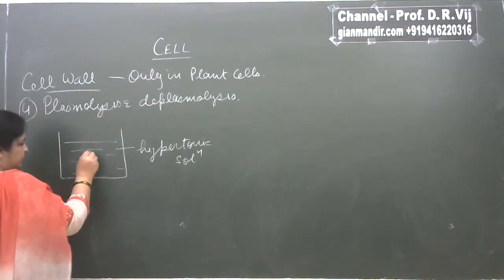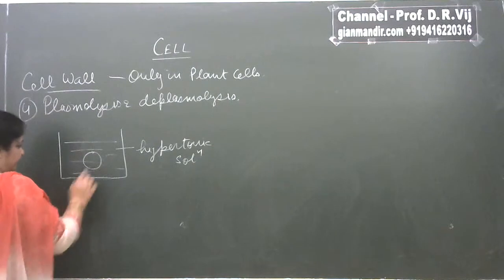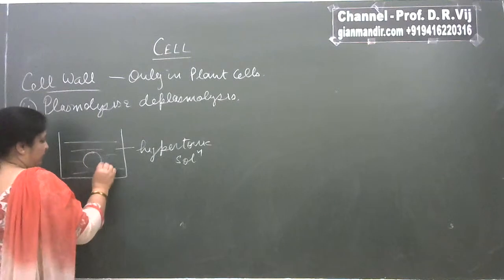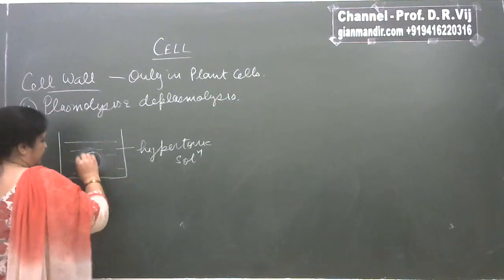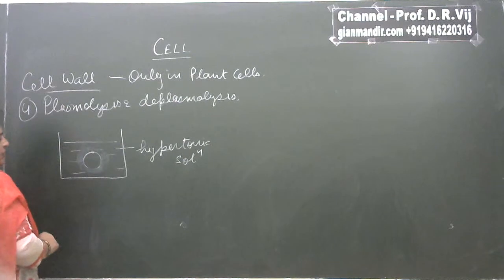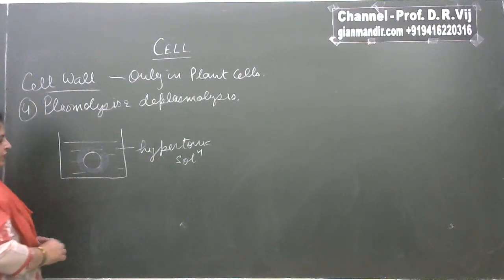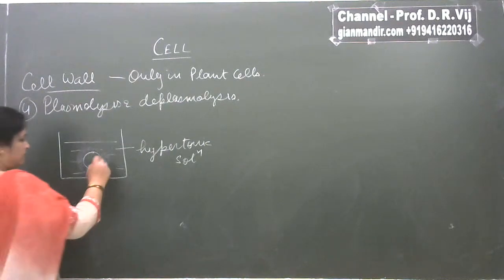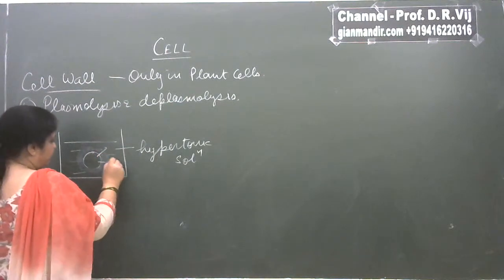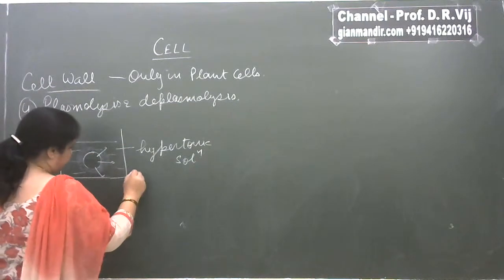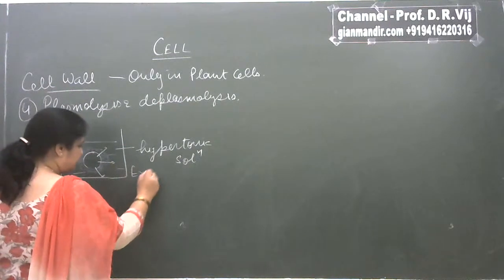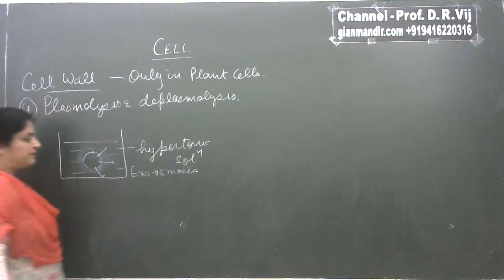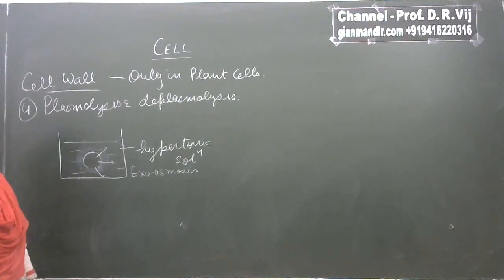In this hypertonic solution, we have kept a plant cell which is having the outer rigid covering of cell wall, right? So now you know, whenever a living cell is kept in hypertonic solution, what happens? The process occurring here is the flow of water from inside to outside, and that process is known as exoosmosis. And as you know, because of exoosmosis, the cell shrinks.